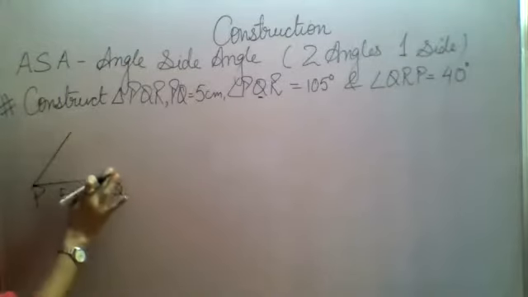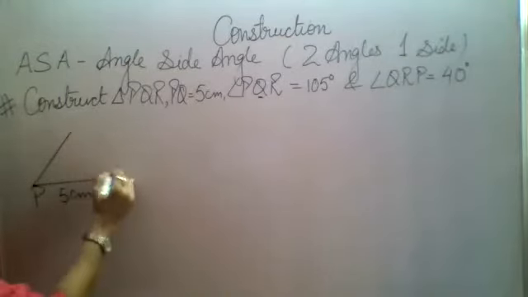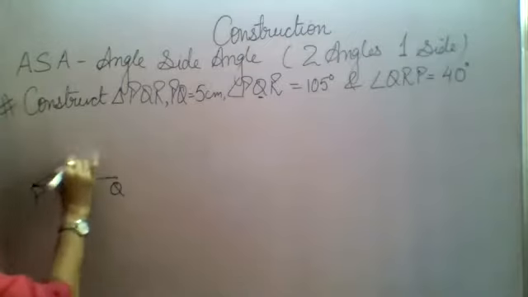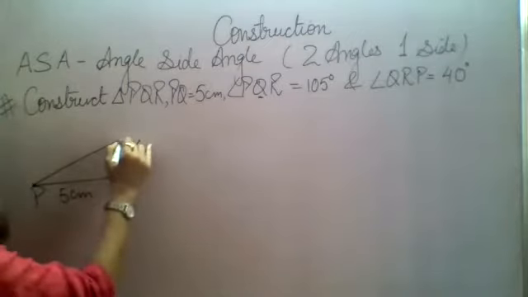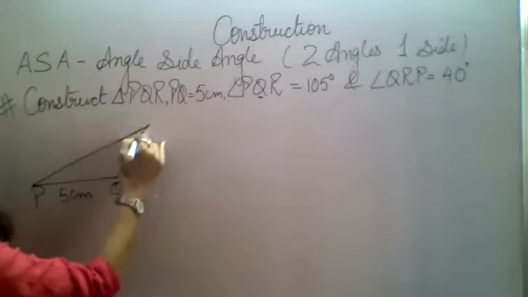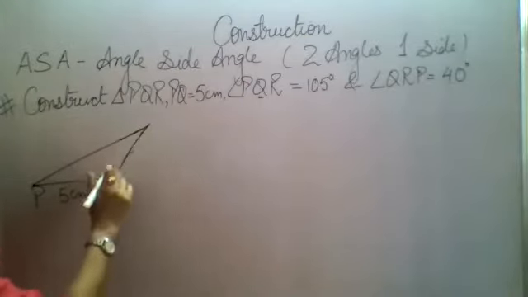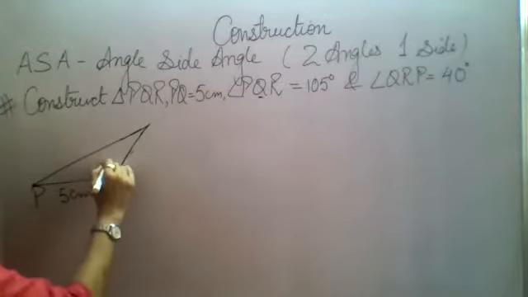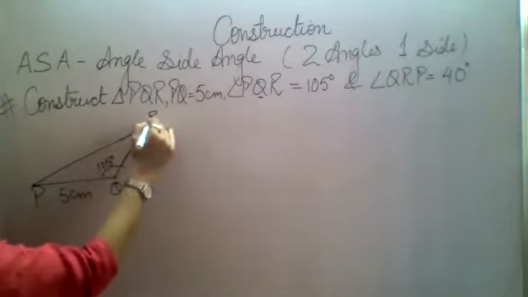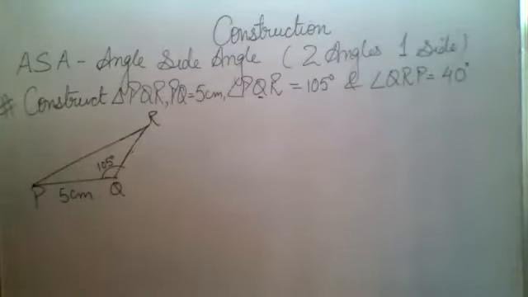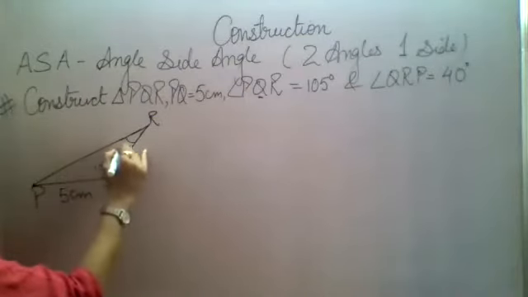So definitely its direction will be like this. So I will draw like this. So this is 105 and this will be R, and angle QRP is given 40 degree. This is 40 degree.